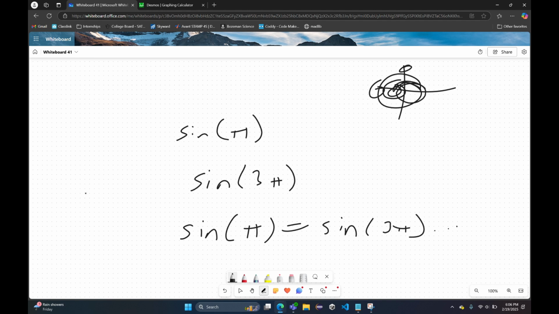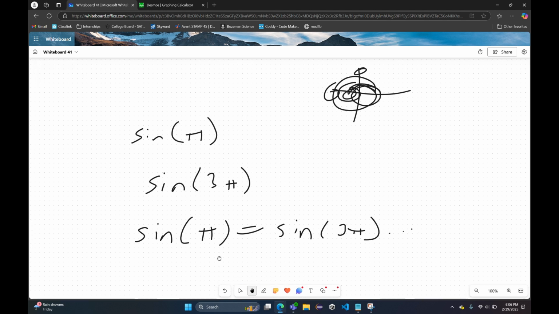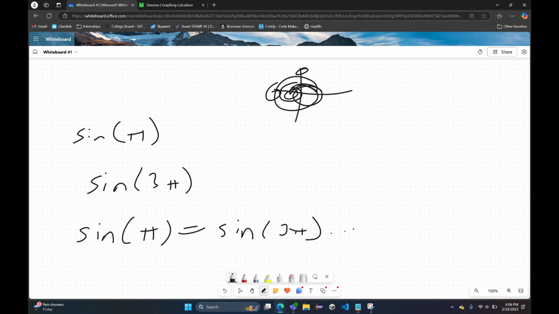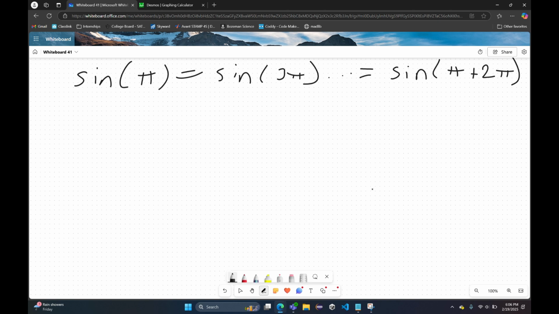Or, in other words, this equals sine of pi plus 2 pi, right? And if you want to generalize this even further, you could say for any trigonometric function, doesn't matter if it's sine or cos, sine of x is going to equal sine of x plus 2 pi.